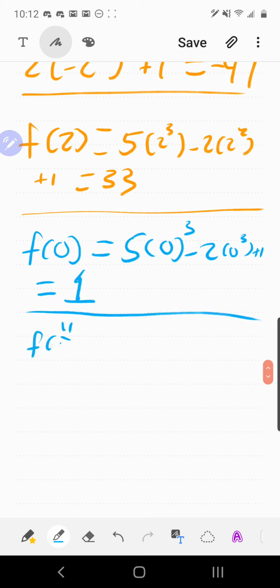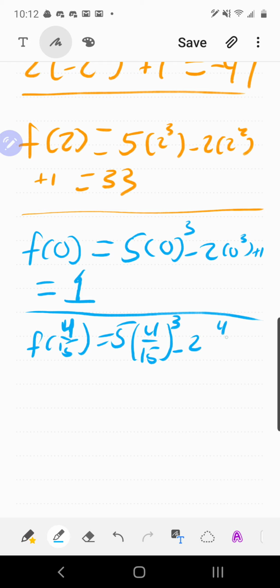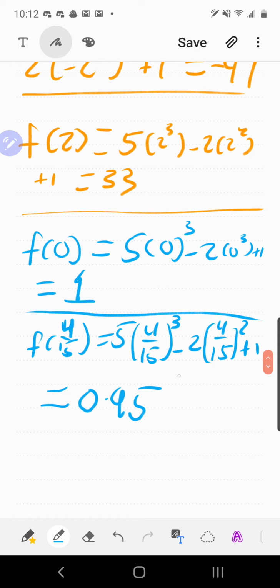Now f of 4/15: 5 times 4/15 cubed minus 2 times 4/15 squared plus 1. I'm going to skip the algebra here and say this is equal to 0.95. Okay, excuse me. All right, so now what does this tell us?